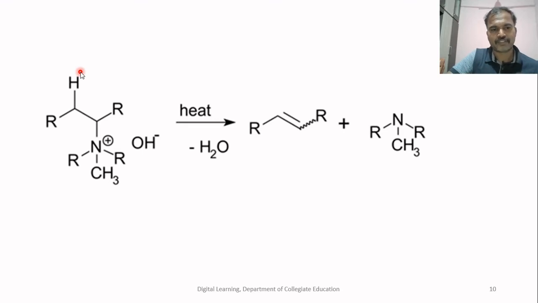It is because, you recall the E2 mechanism, it demands the anti-periplanar arrangement, that is 180-degree arrangement, of the carbon-hydrogen bond from which the hydrogen is removed and the bond between carbon and the leaving group. Here the leaving group is bulkier when compared to halide or hydroxy groups.